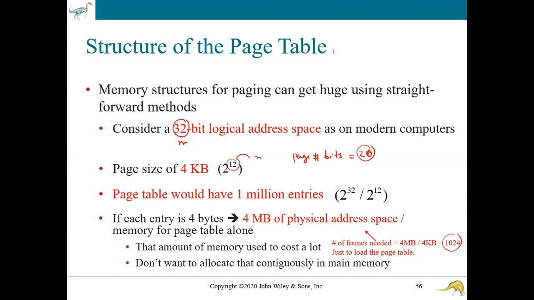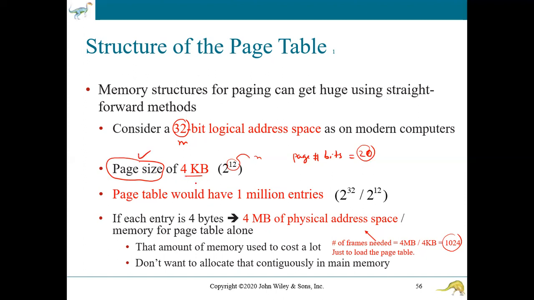Okay, my question again. Since it's 2 to the power of 12, does the power always equal the offset? In this case it's 12 and 2 to the power of 12, does it always calculate that way, or did this example just happen to be 12 and 12? No. We gave you here the page size, which is 4 kilobyte, right?